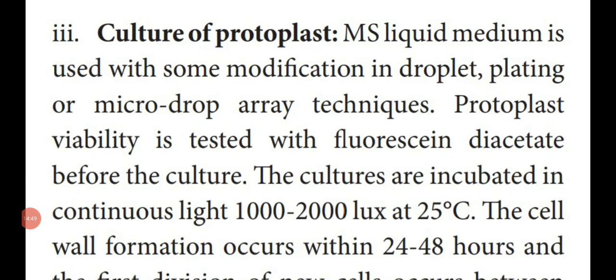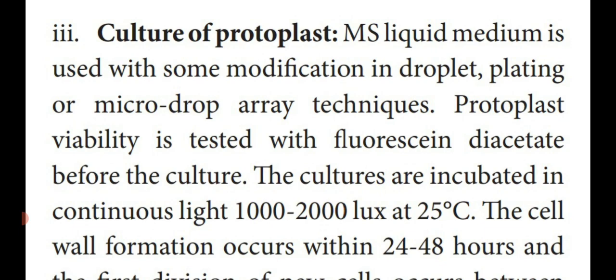Dear students, see the paragraph, that is the 3rd step, culture of protoplast. For culturing the protoplast, we are using Murashige and Skoog medium, that is MS medium, in liquid form. So this medium is modified into droplets placed on a plating or a microdrop array technique.